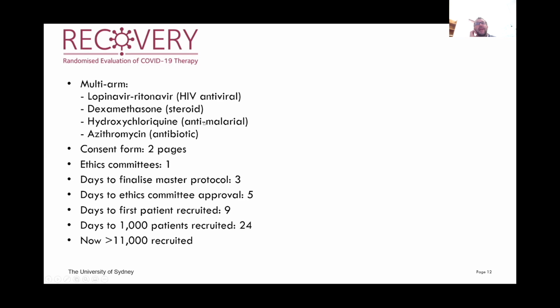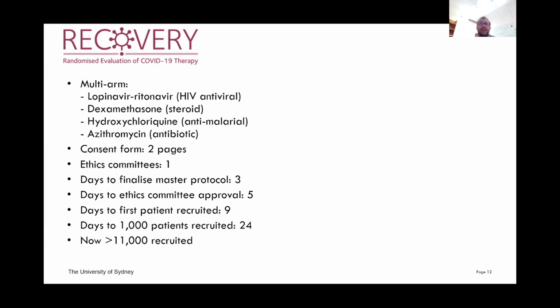That is an anti-malarial agent, also with some immune modulating properties, that's been proposed as a treatment for COVID-19. And the other, azithromycin, is an antibiotic, which also appears to have some immune modulating properties and also has been proposed as a treatment for COVID-19.